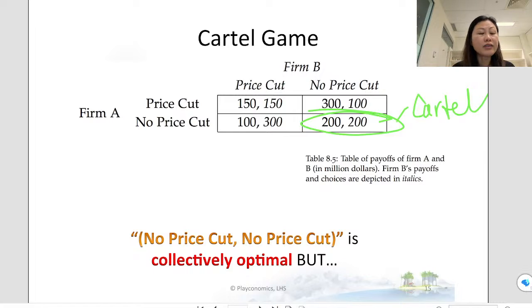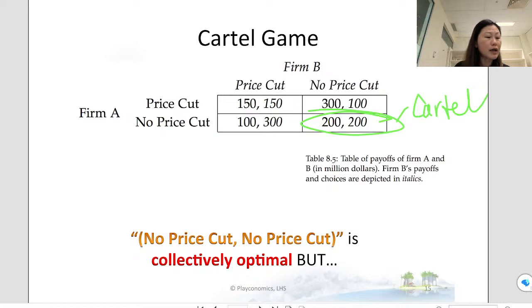A cartel agreement aims to keep profits high and therefore no price cut. A cartel would nudge all the other participants not to price cut, and all of them will therefore enjoy higher surplus. Okay.